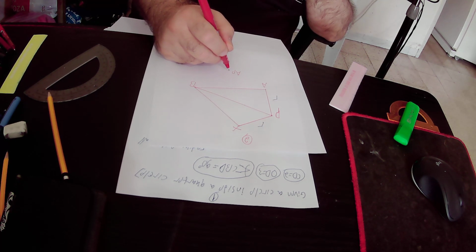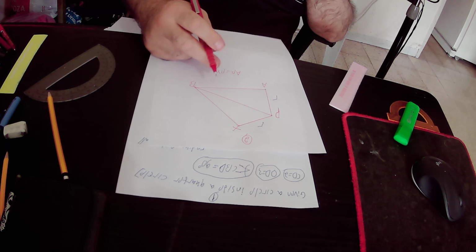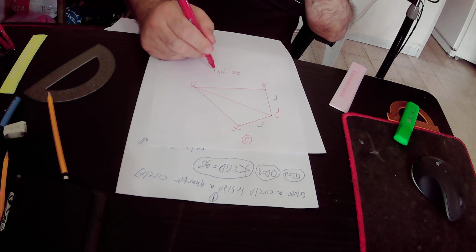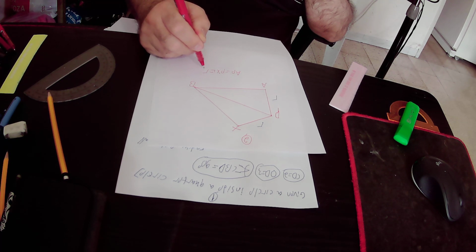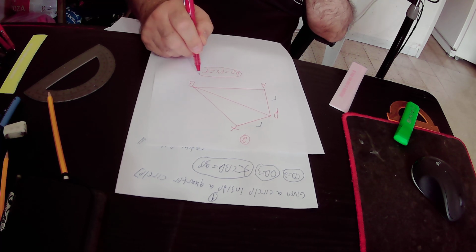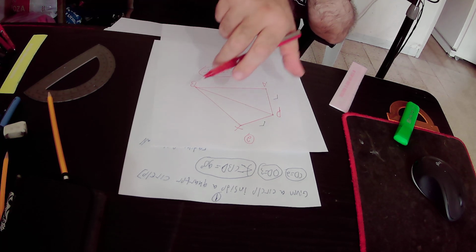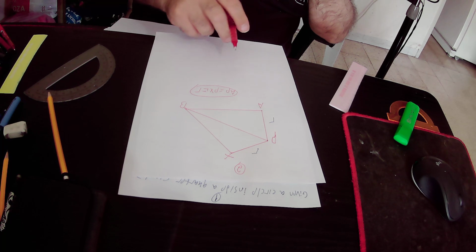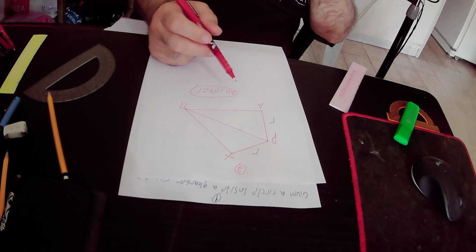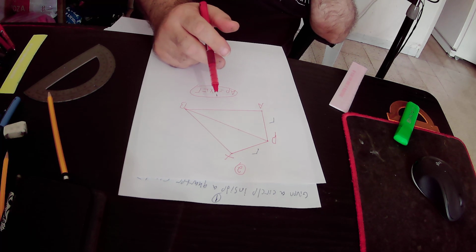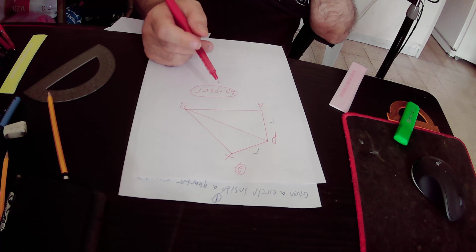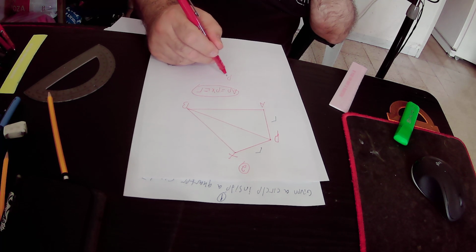AP equals PX, and both these sides are equal to the radius of the small circle. And also PB is a common side. It belongs both to triangle APB and to triangle PBX. So PB equals PB.